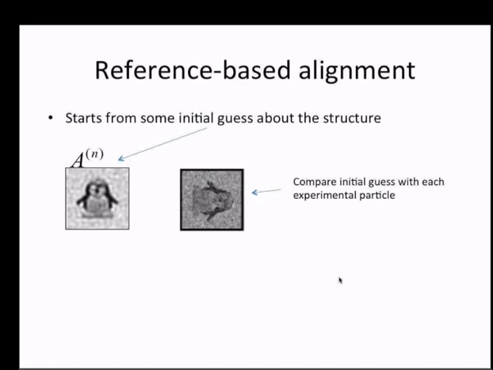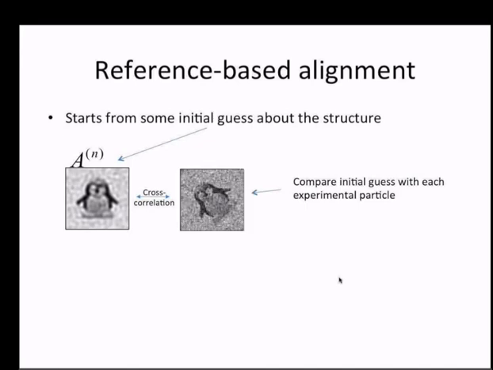If we have some initial guess about our penguin signal, and we can come back to how you could get there, then you could calculate, for each different orientation of the experimental image with this reference, a figure of merit, and people have used the cross-correlation coefficient.